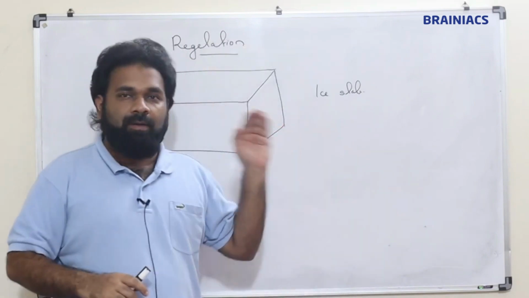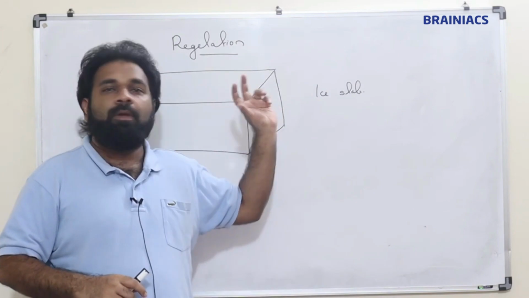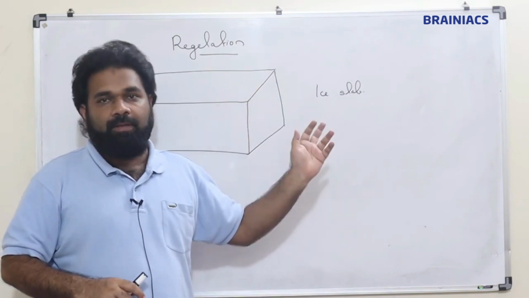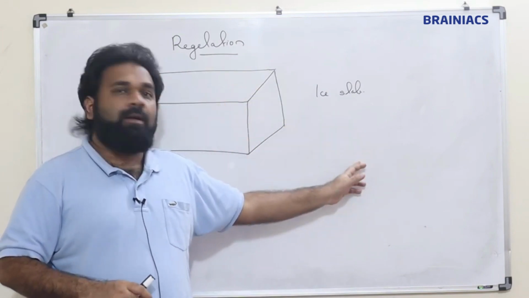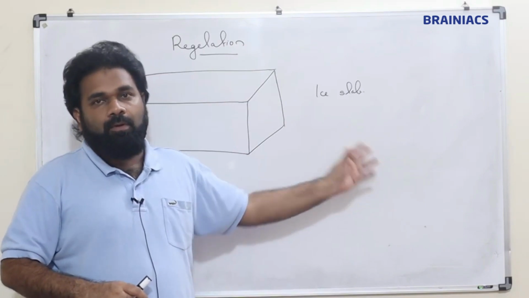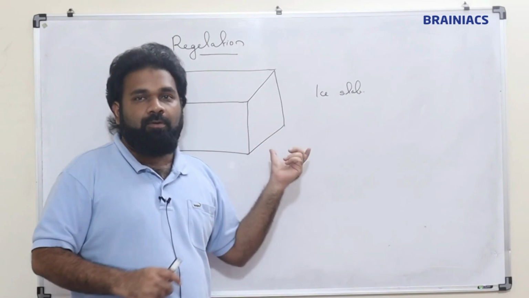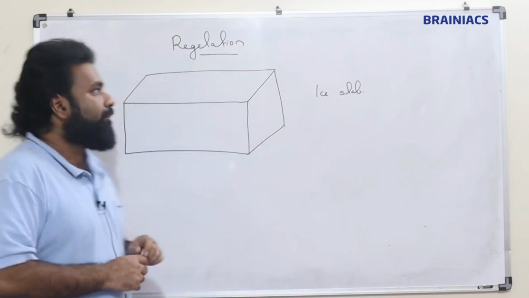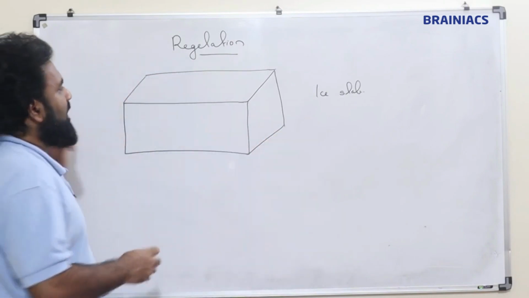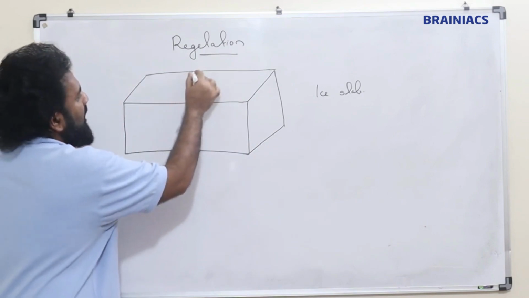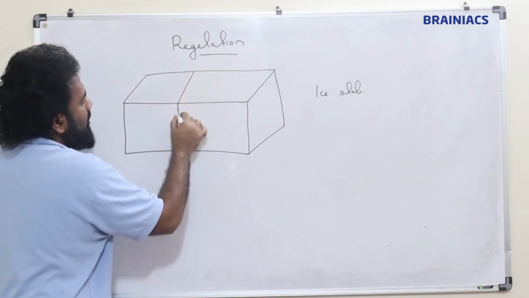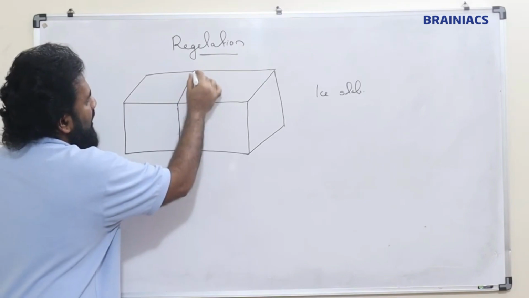We can explain this in the light of the previous topic, that is the triple point graph, or the relation of melting point and boiling point with the pressure. With that knowledge only we can analyze this. Suppose this is an ice slab, and we keep a thin string on it.